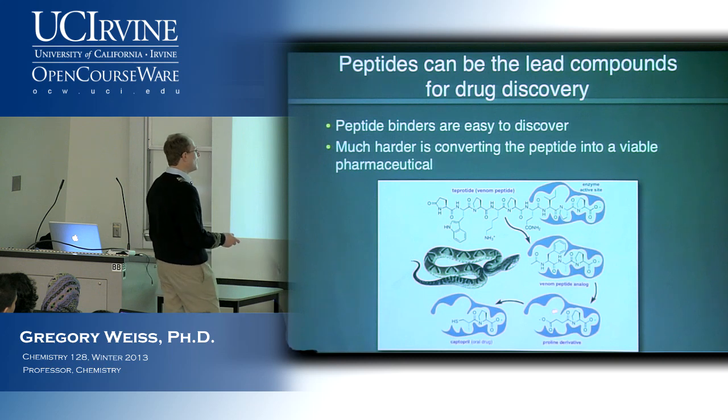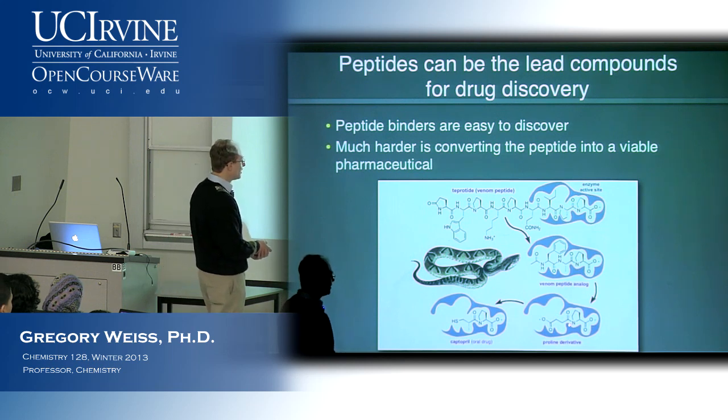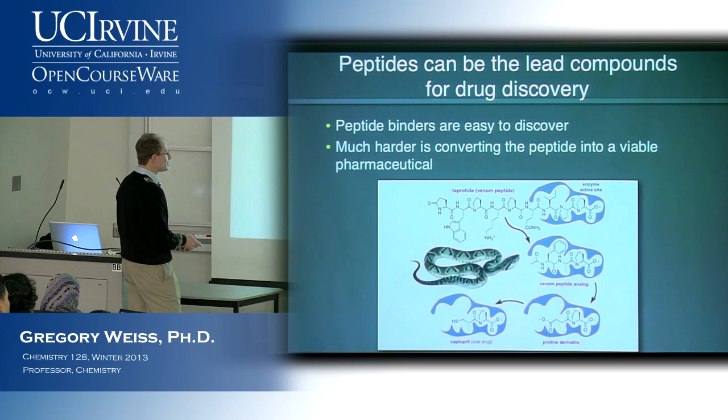Next step here is to make analogs of this lead peptide over here and try to find a simpler variant of it. So you go down here to the simpler variant, and this thing, it turns out, is not so orally available.